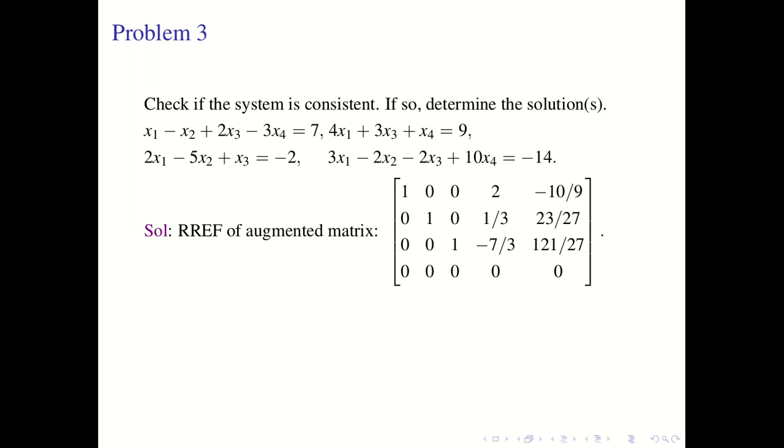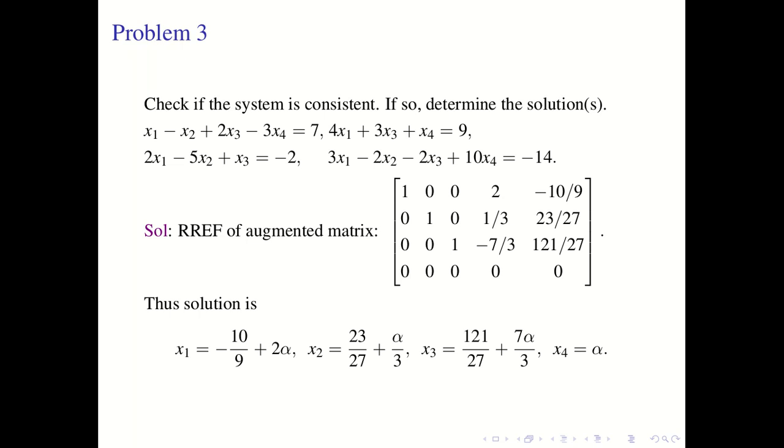So the rank of the augmented matrix is equal to the rank of the matrix A, where A is the coefficient matrix. So therefore the system is consistent, and the basic variables are x1, x2, x3, and the free variable is x4.